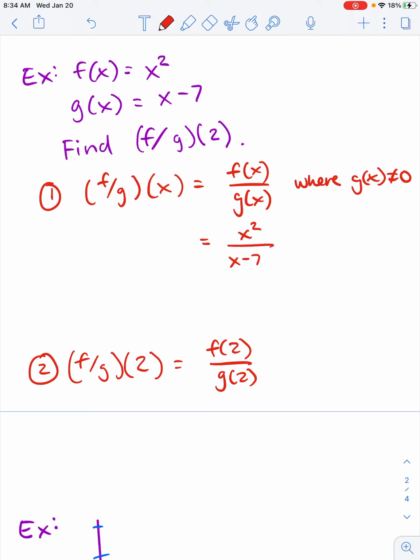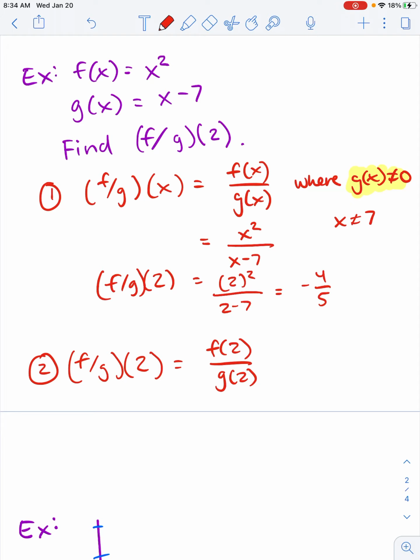And in these cases, we have to remember that the denominator cannot equal 0. So in this case, x cannot equal 7. And then I want to find f divided by g of 2. So I'm going to plug 2 in here, and I will get -4/5.